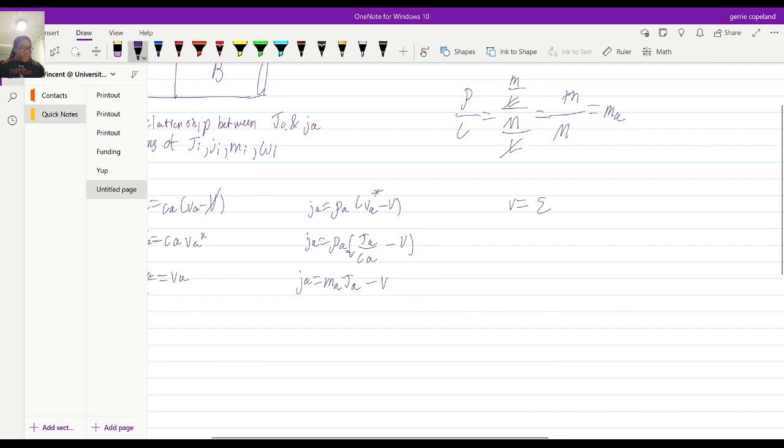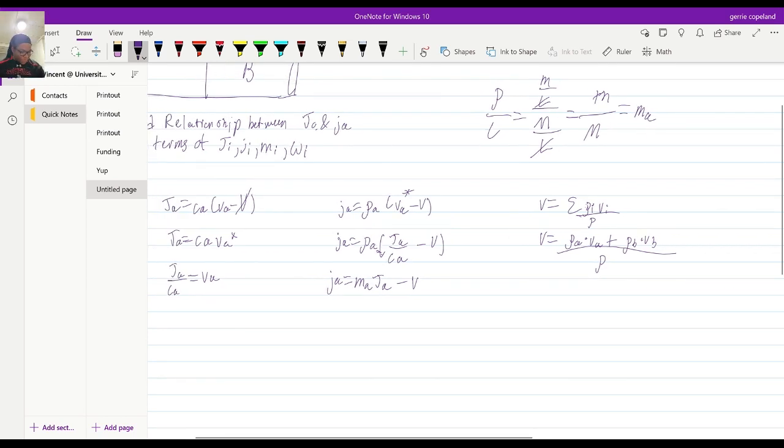We know the velocity is equal to the sum of the individual densities times the individual velocities, over the total density. So V is equal to the density of A times the velocity of A plus the density of B times the velocity of B, over the total density.